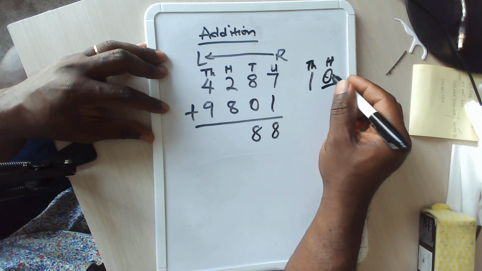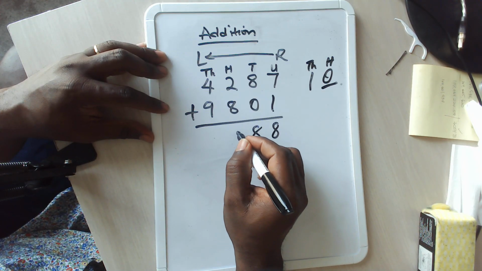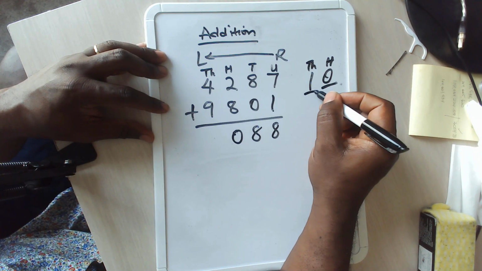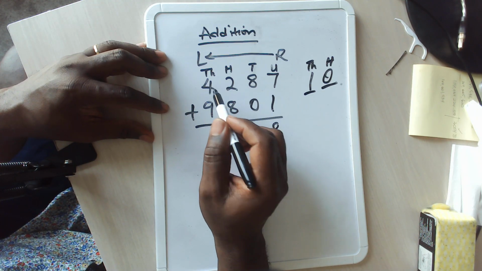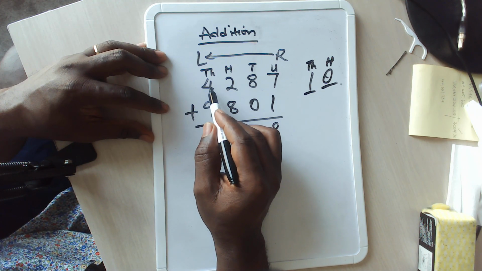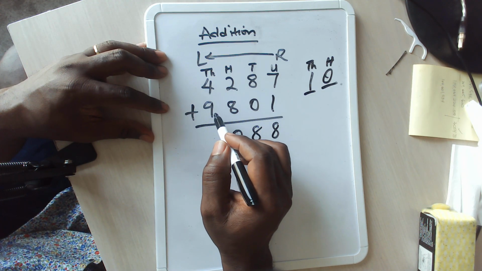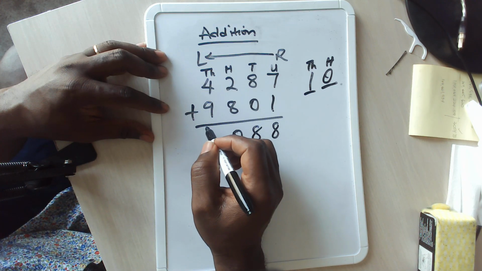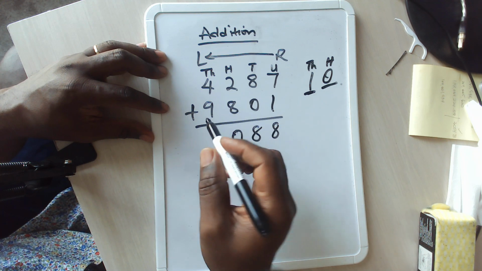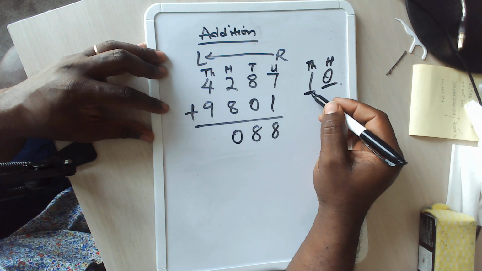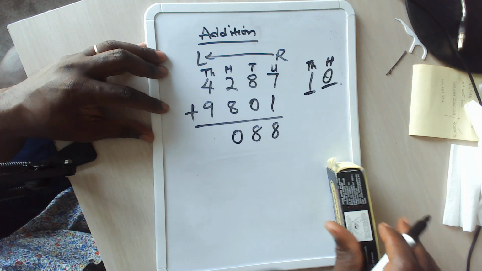So under the unit of 100, you write this one, which is 0, and you carry over 1. Now under the unit of thousands, you add 4 to 9. That will give you 13. Don't forget that we carry over 1, so 13 plus 1 will give you 14.